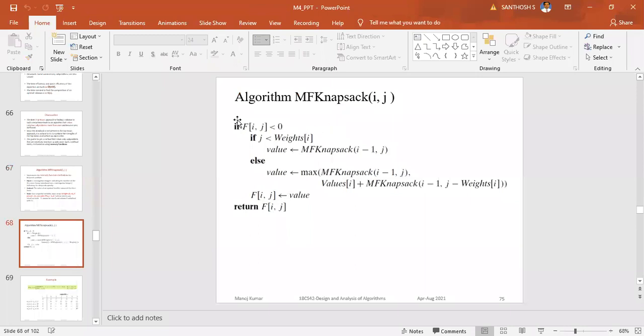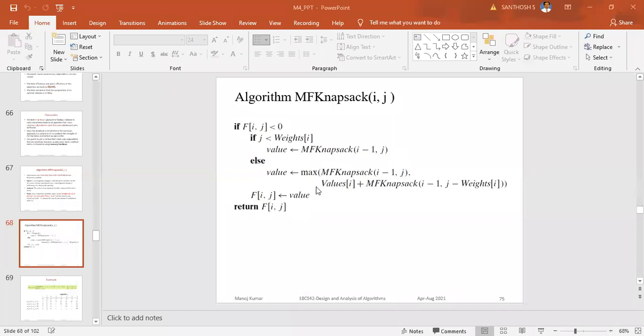So come for the algorithm. Go through this algorithm. If F of I comma j is less than 0, then if j is less than weights, we go with the value MF knapsack I minus 1 comma j.